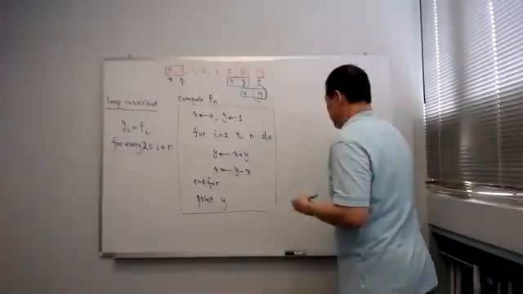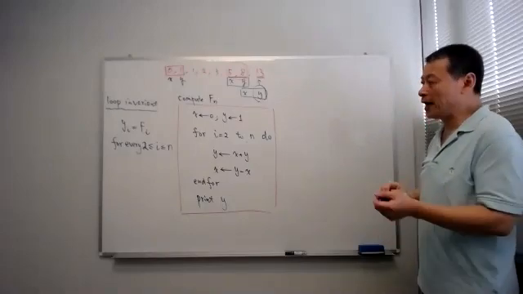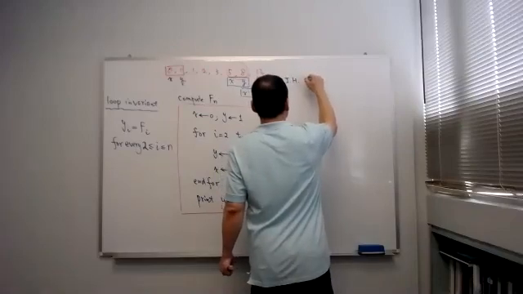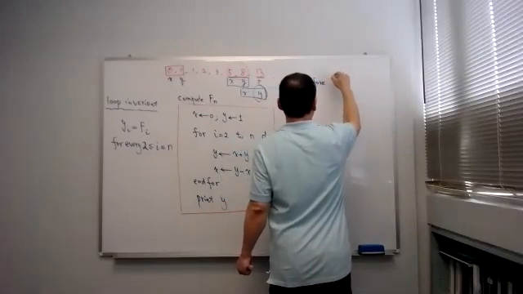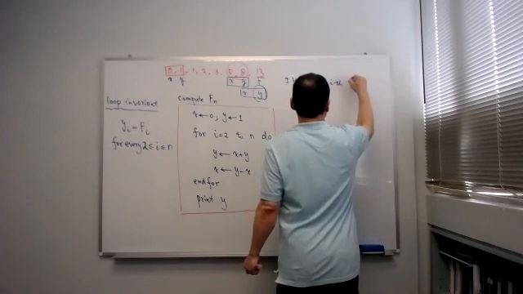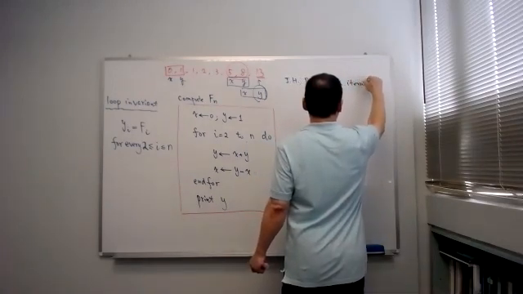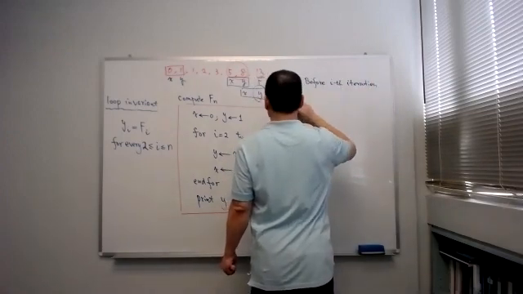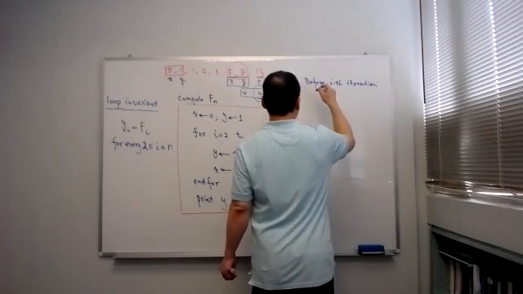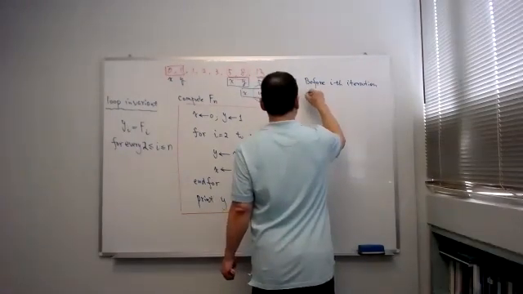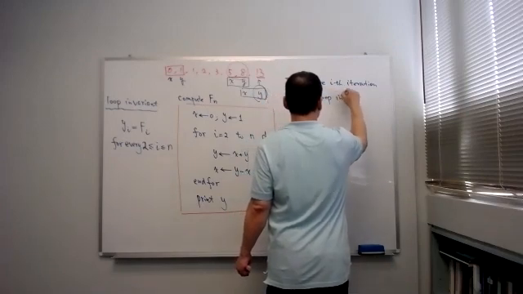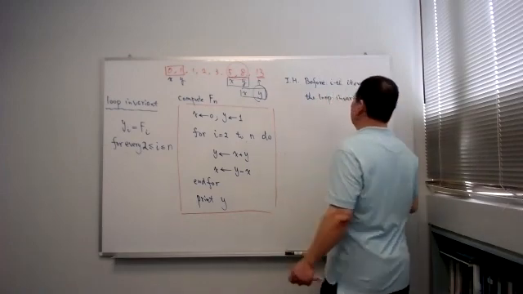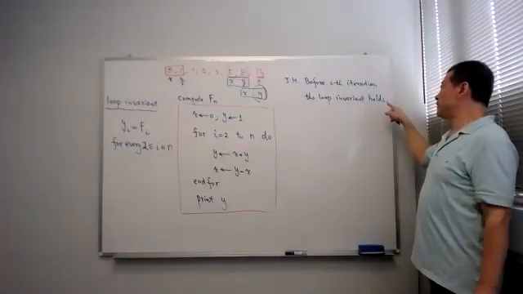So now we will use induction, and our induction hypothesis is that before the ith iteration, the loop invariant holds.